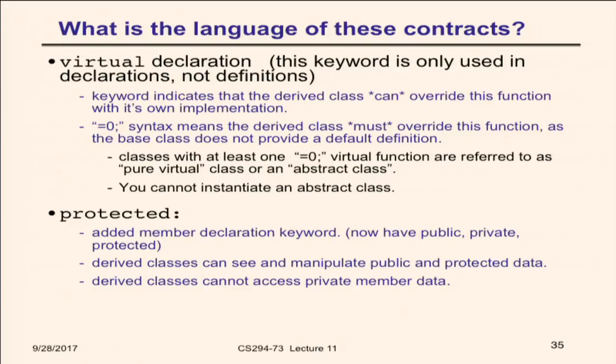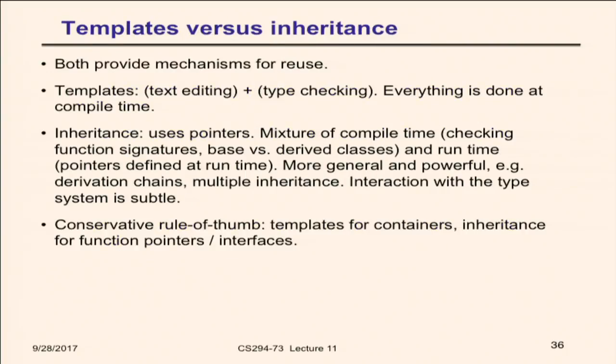Compilers need everything defined to instantiate objects. You can talk about pointers to abstract classes, but not pointers to things that have actually been constructed using new. We have an added member declaration keyword. Derived classes can see and manipulate public and protected data. Derived classes can't see private member data from the class that it's derived from.